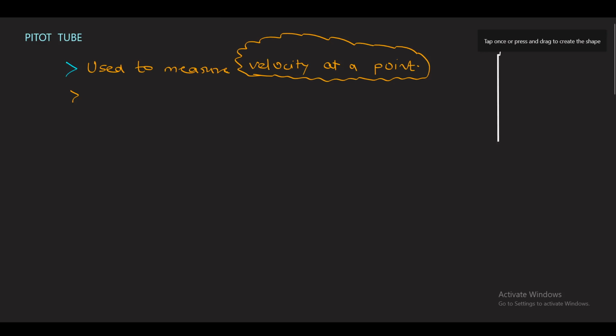Let me draw it again. This is the construction of the pitot tube. It is nothing but a small tube of glass that is inserted in the direction of the flow.